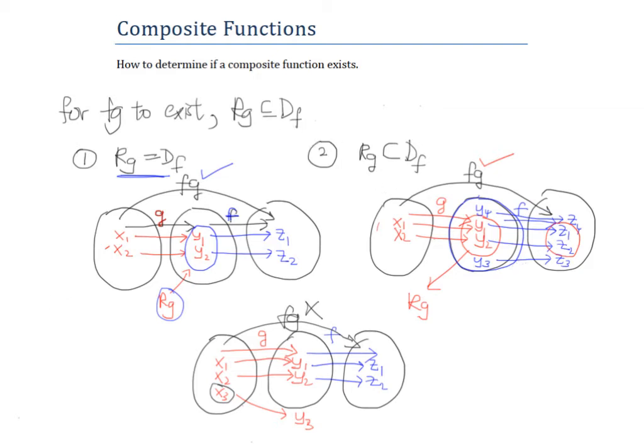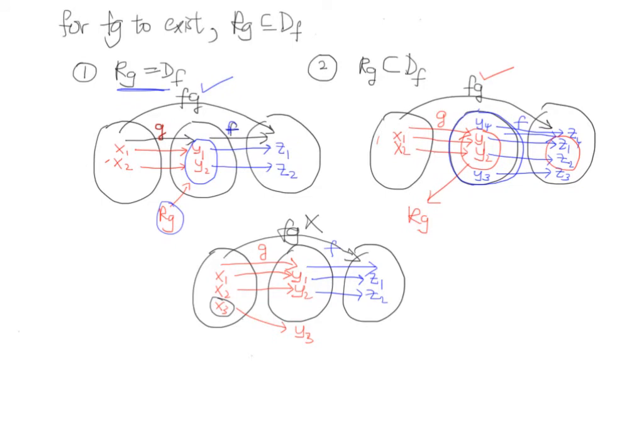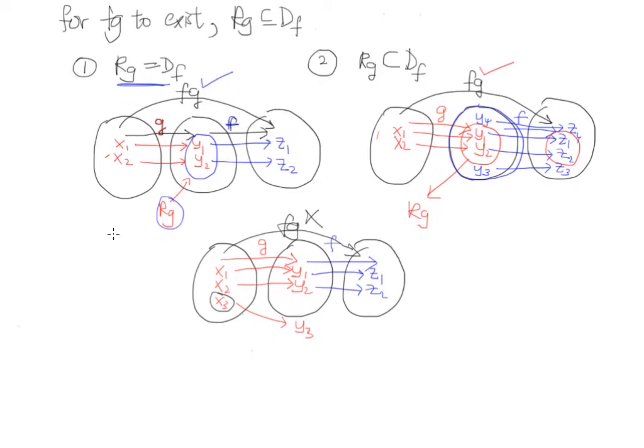Now let's understand a little bit more about the composite function. Let's scroll down a little. If fg exists, what happens is this: the domain of your fg will be equal to the domain of g.